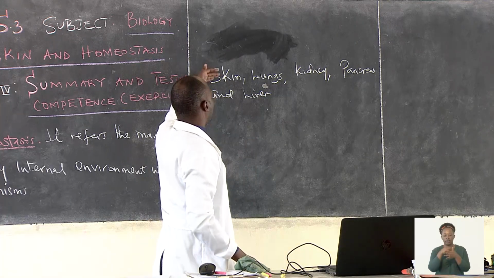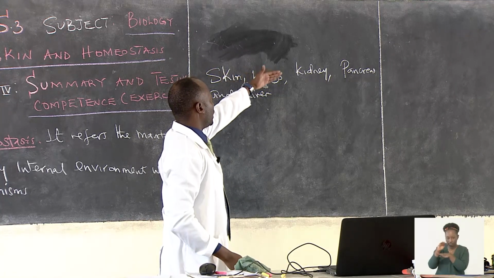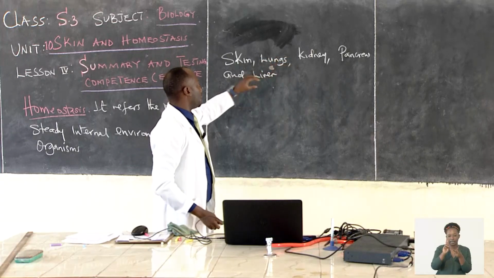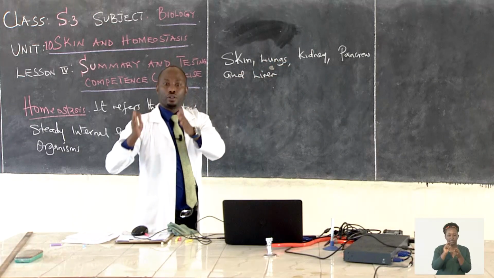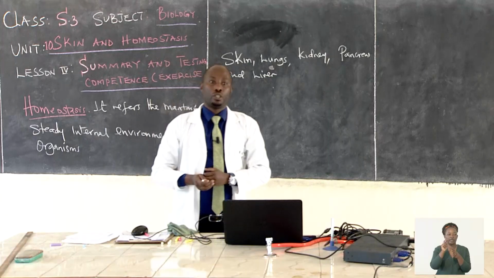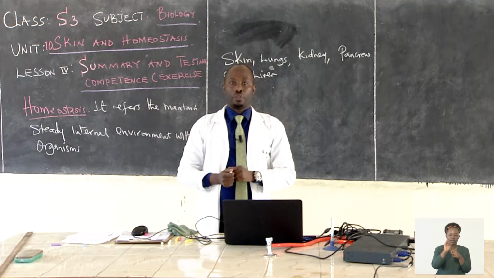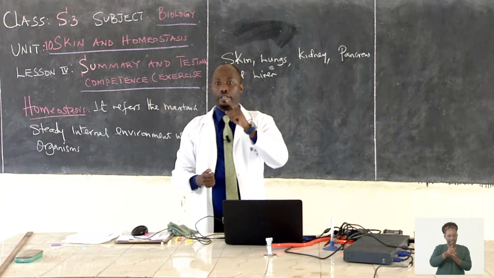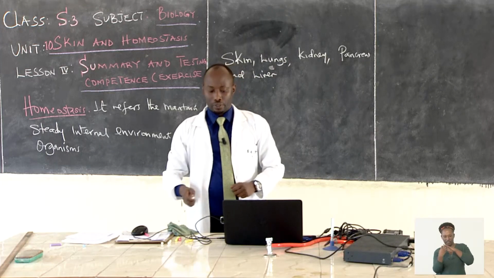These organs, the skin, the lungs, the kidney, as well as the pancreas and the liver, play a big role to maintain the internal environment within an organism, regardless of the external influence.